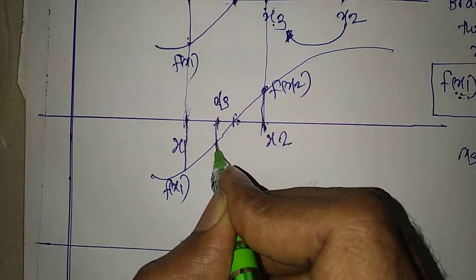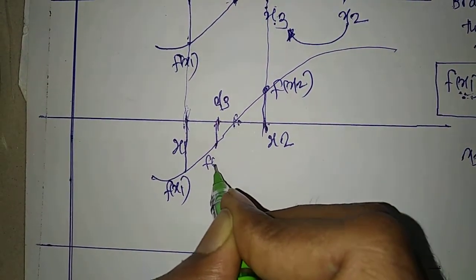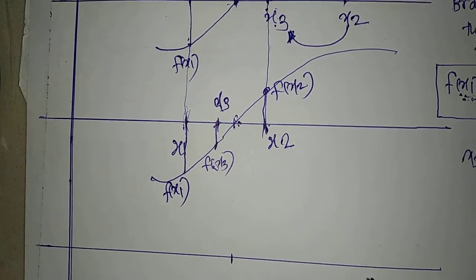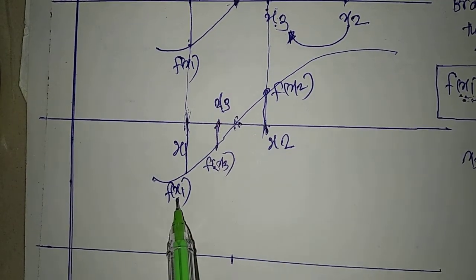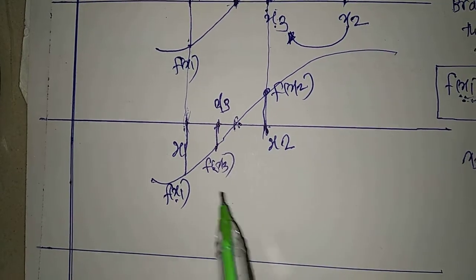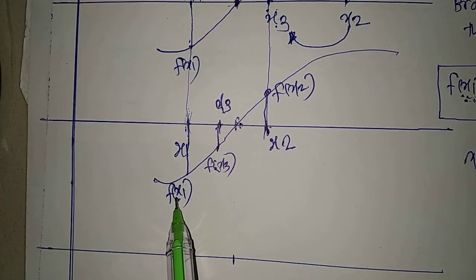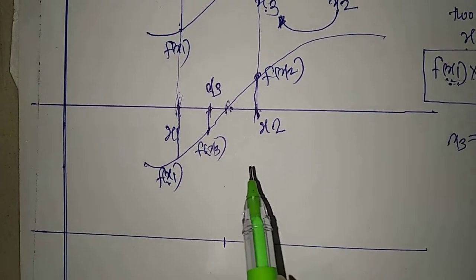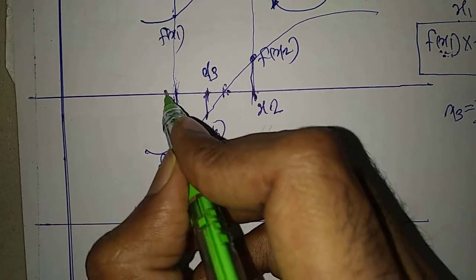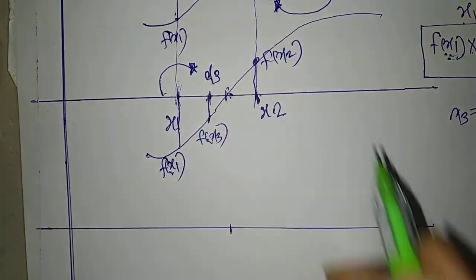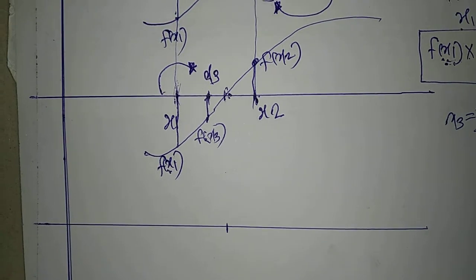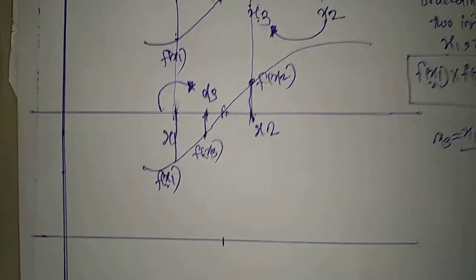The respective function value is f of x3. The sign of x1 and x3 is the same: f of x1 is negative, and f of x3 is also negative. So we are going to replace x1 by x3.